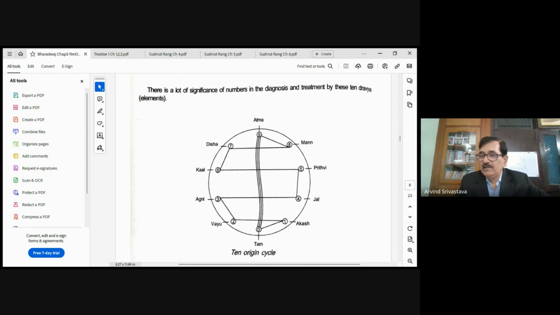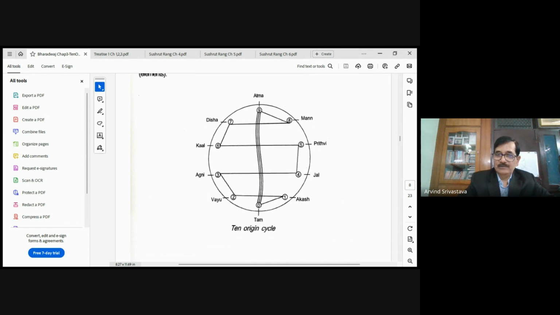These energies are less active, so they are put on one side, and the energies of 2, 3, 6, 7, and 9 are more active energies, so they are taken on the other side.